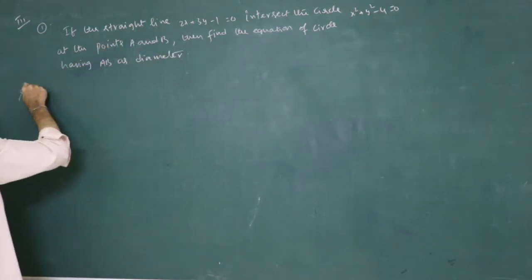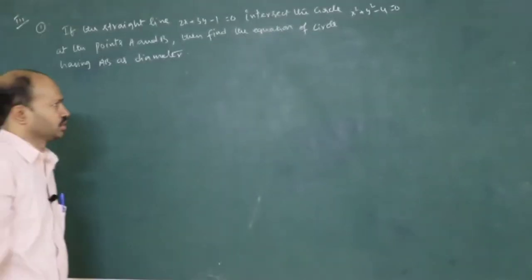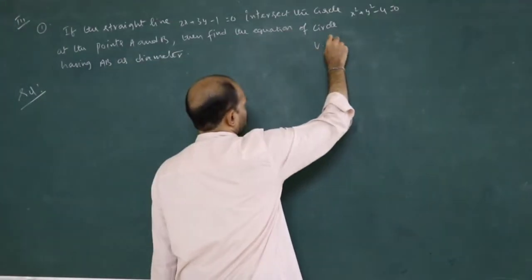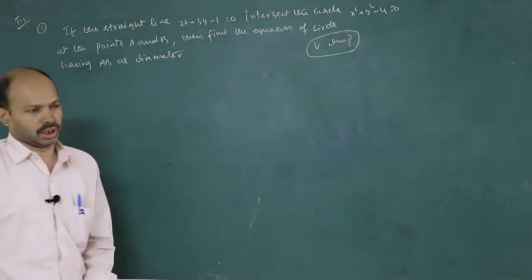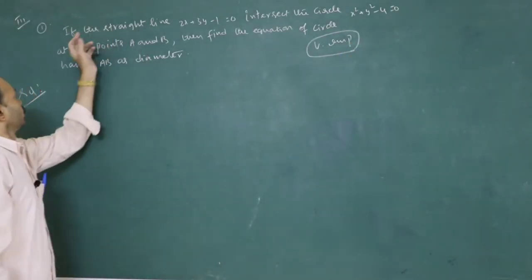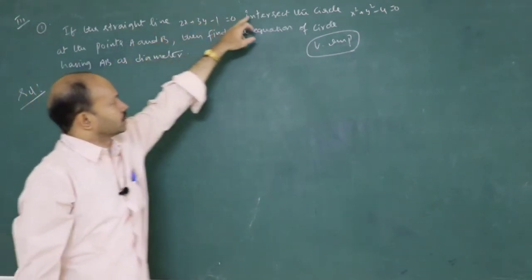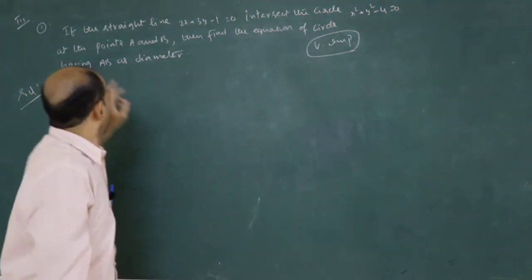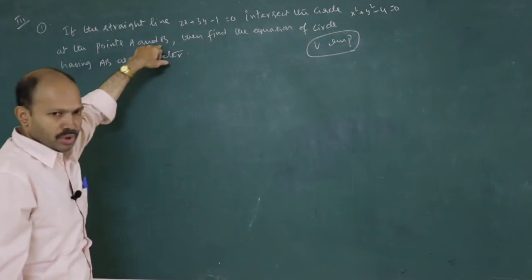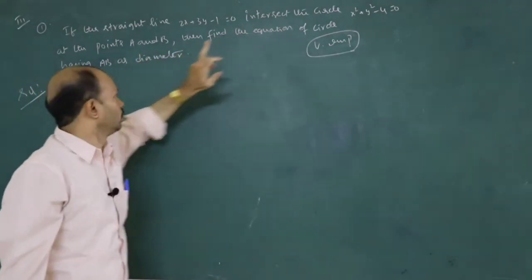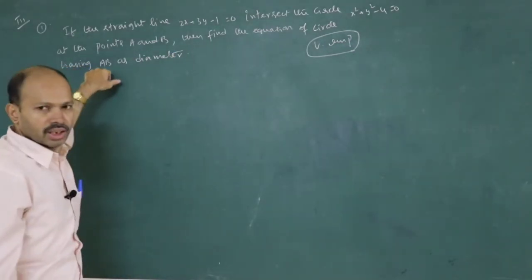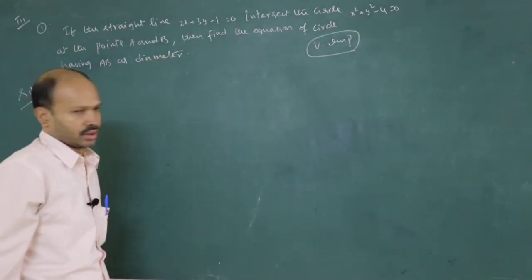This model is very important for 4 marks bit. This is a very important one. First of all, read the data and understand what the given data are. If the straight line intersects the circle at 2 different points A and B, then find the equation of circle having this line AB as its diameter.